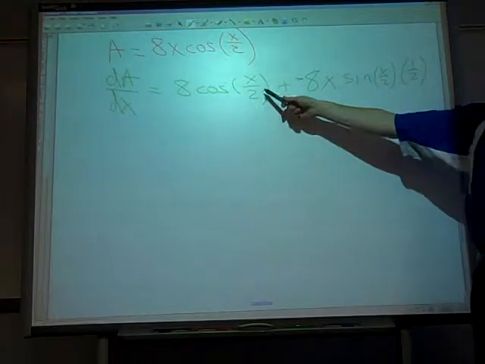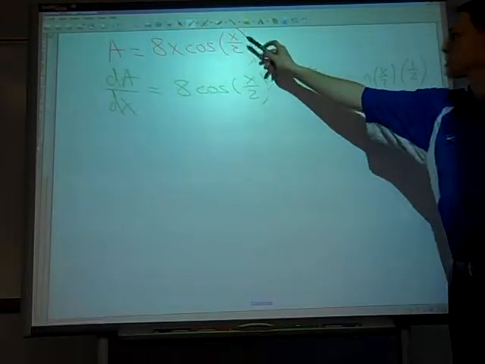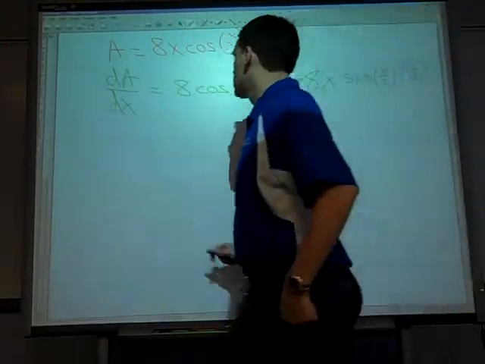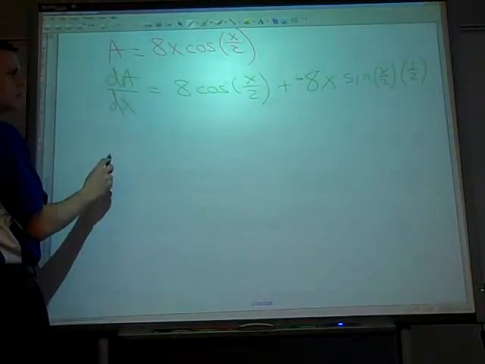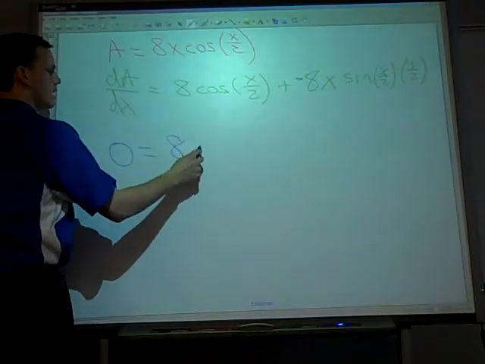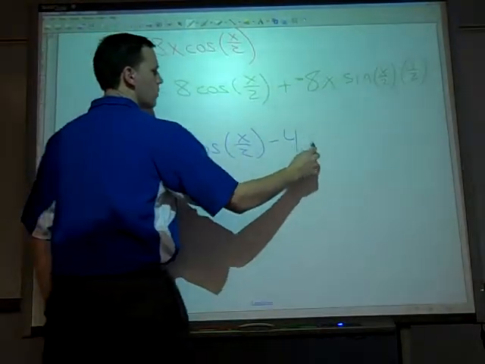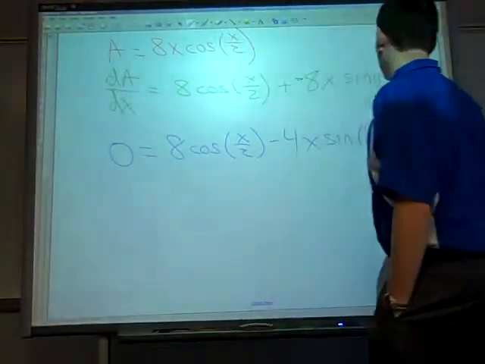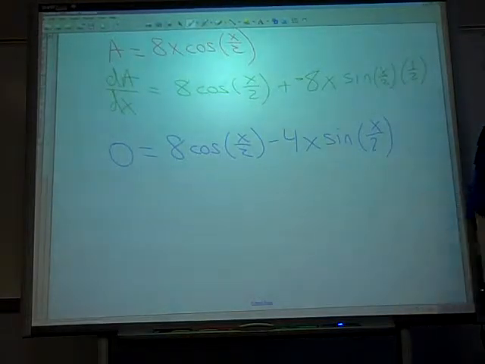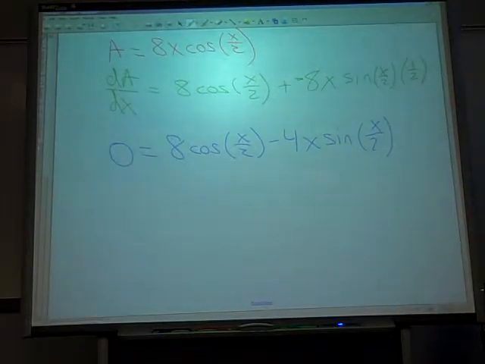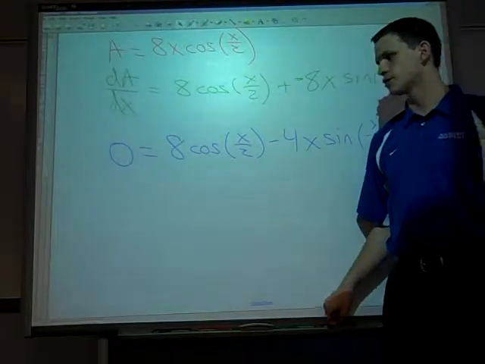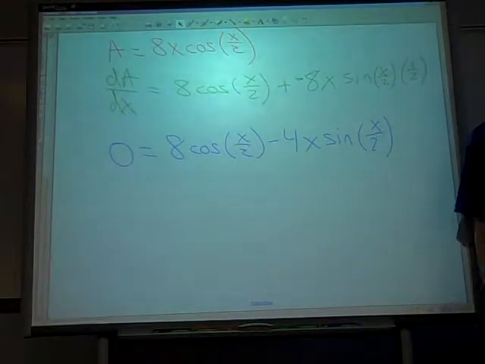Chain rule, the derivative of x over 2. So that means we set this equal to 0. 0 equals 8 cosine x over 2 minus 4x times the sine of x over 2. Okay, so far so good? Any questions?